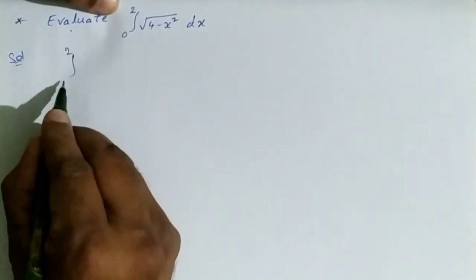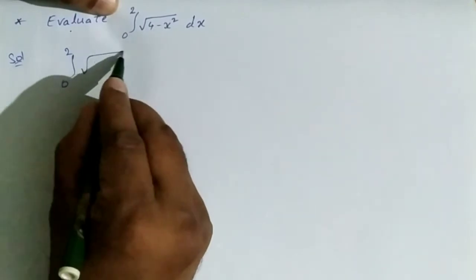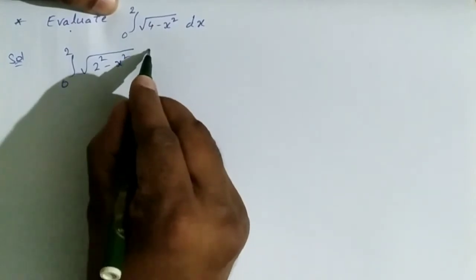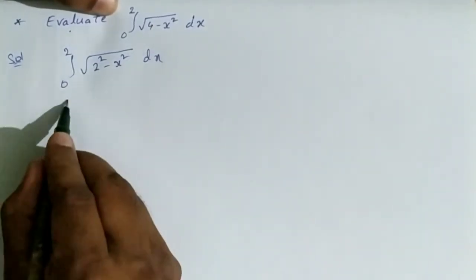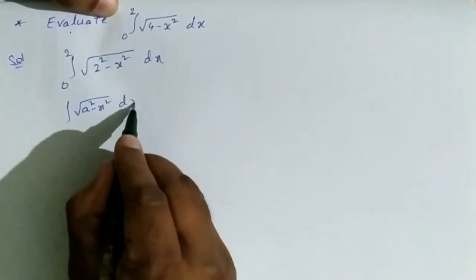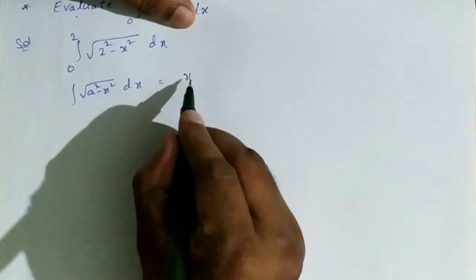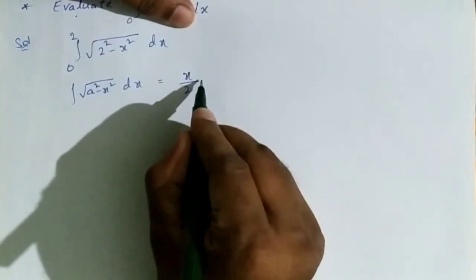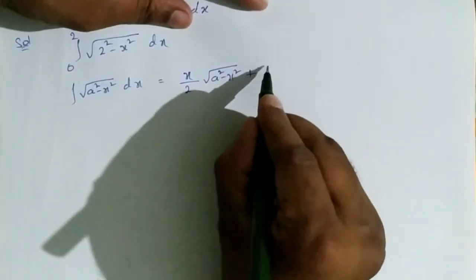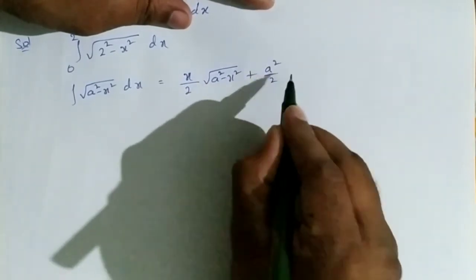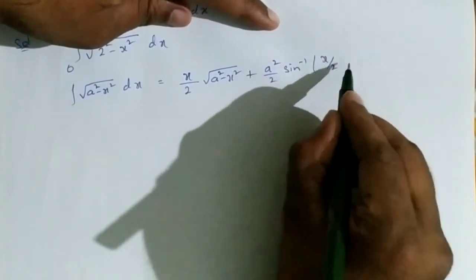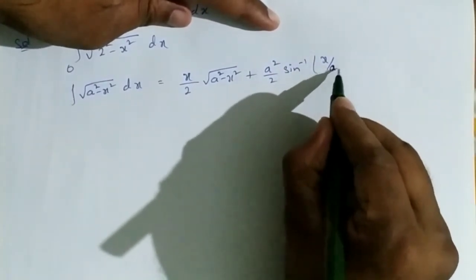Now integration from 2 to 0 of root over 4, I am writing 2 square minus x square dx. It is like integration of root over a square minus x square into dx, that equals x by 2 of root over a square minus x square plus a square by 2 of sin inverse x by a.